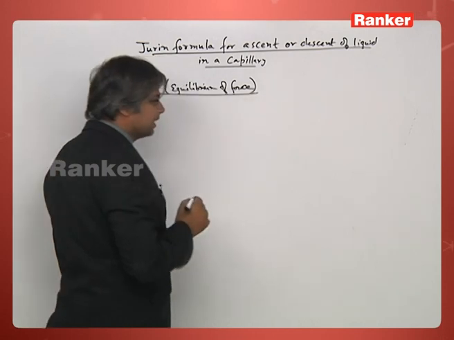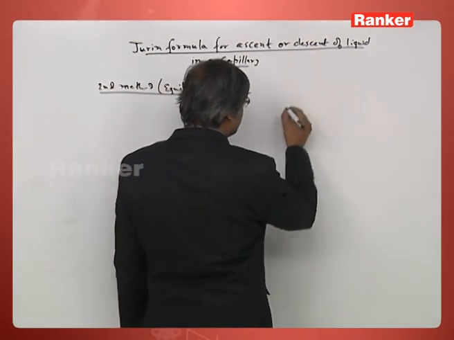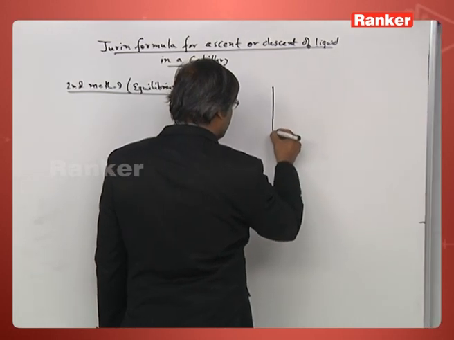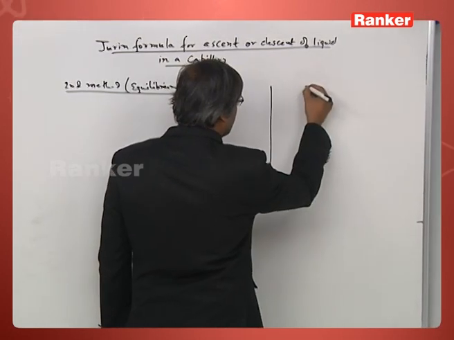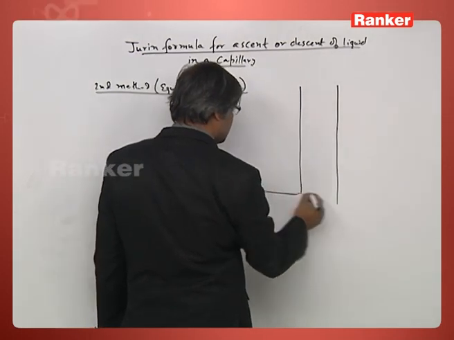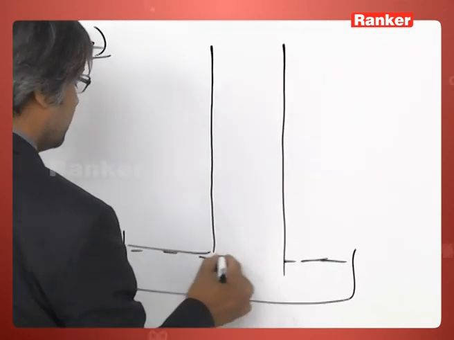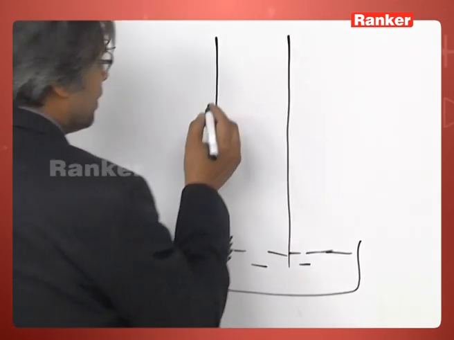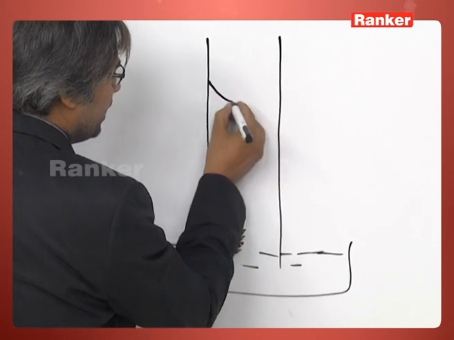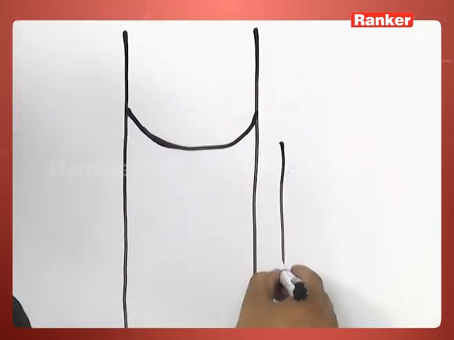In the equilibrium of force method, this is our capillary, and let us draw it. This is the liquid in the adjacent surface. Here you see the liquid surface meniscus is like this with the height h.